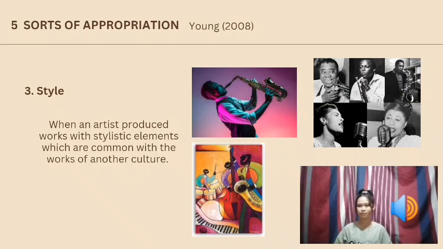In such cases, artists produce works with stylistic elements in common with the works of another culture. For example, musicians who are not part of African American culture but who composed original jazz or blues works can be said to have engaged in appropriation in this sense.